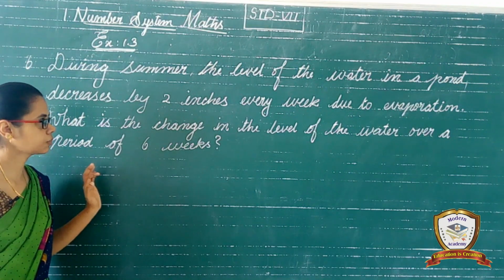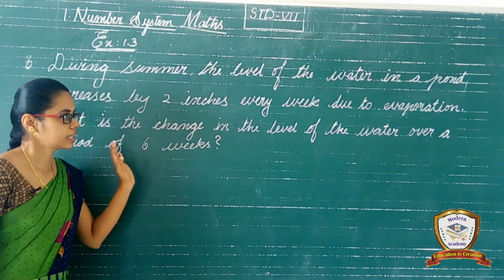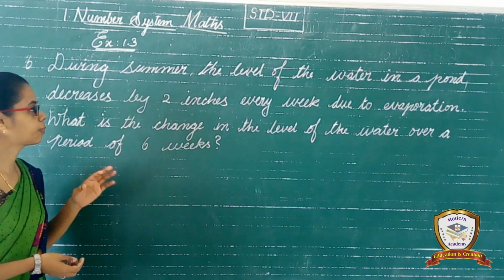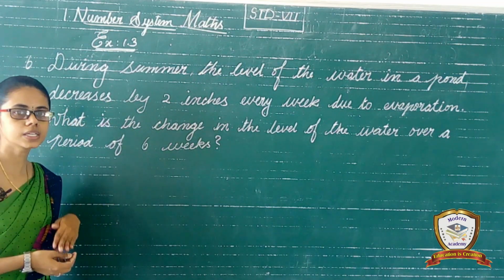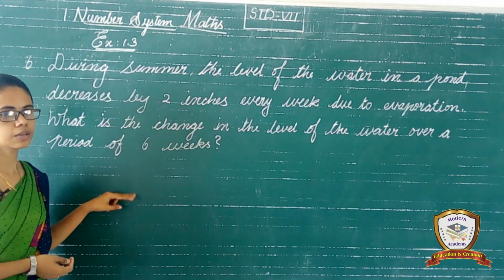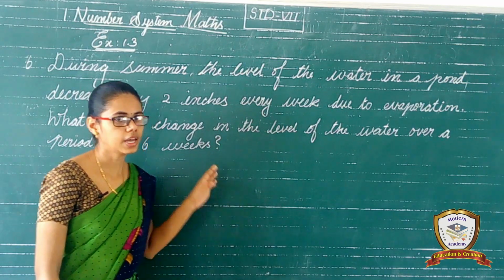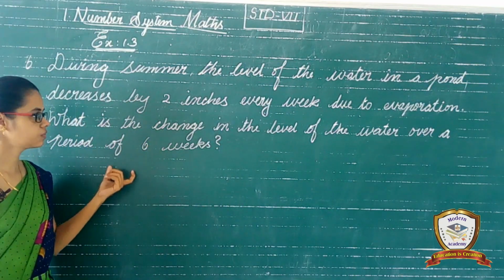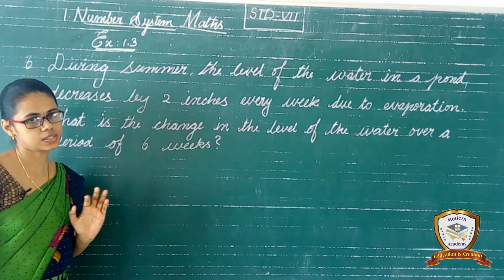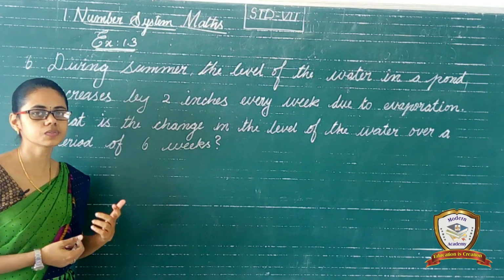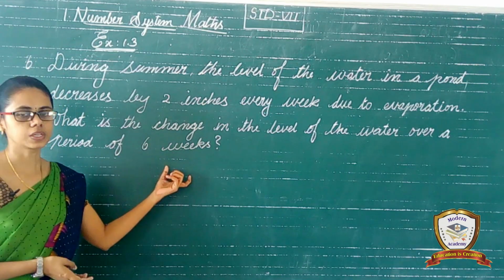So what they are asking: in summer season the water level in a pond decreases 2 inches for every week due to evaporation, and we have to find how many inches it decreases in 6 weeks.